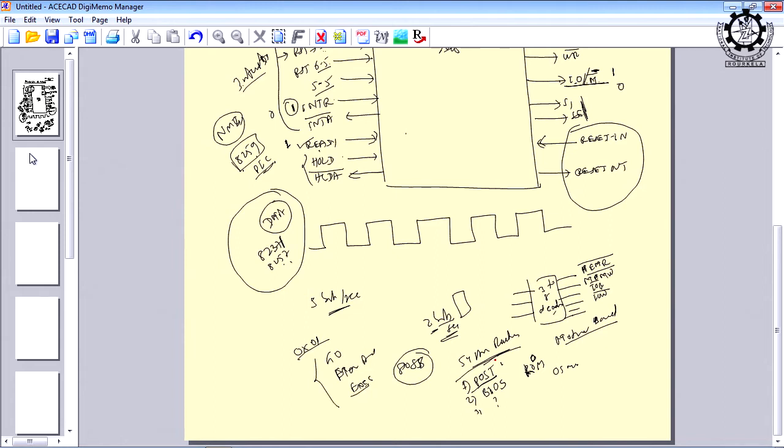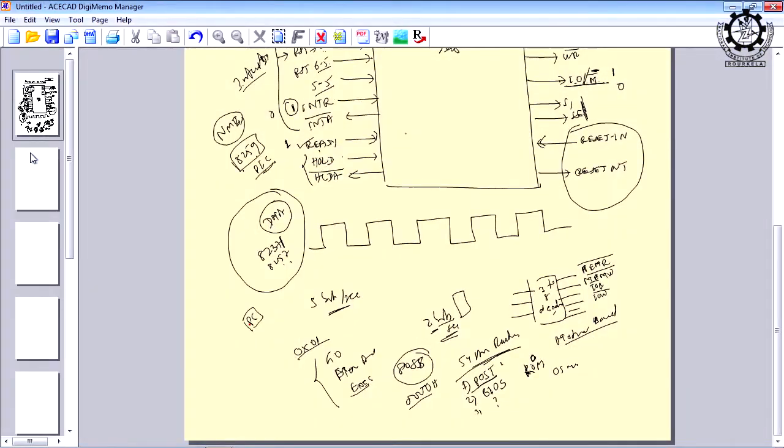So, whenever this POST will be executed, and it is usually stored in the memory location 0000H, that is the starting address, right. So, whenever you switch on the computer system, your POST routine should be executed first, and to begin execution, the program counter register, which is a 16-bit register, will hold the address of the starting instruction for the program you want to execute.